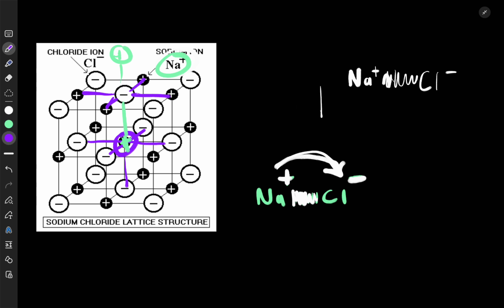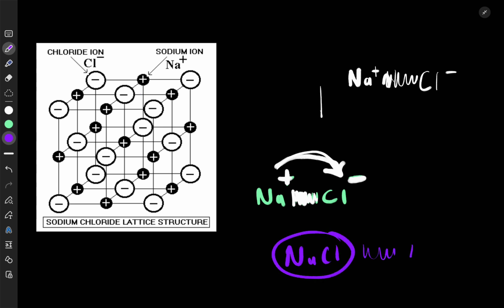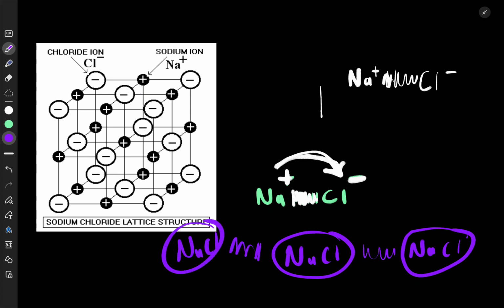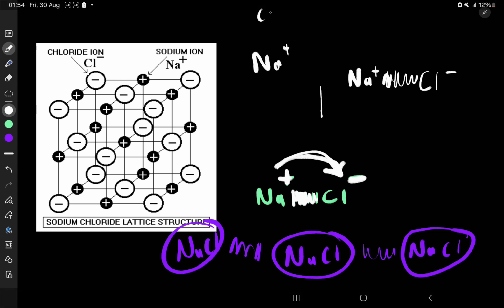So please, I know you used to think that in ionic bonding, we had an NaCl somewhere, and then it was bonded to an NaCl somewhere, then it was bonded to another NaCl. But that is wrong. That doesn't happen. In ionic bonds, when you have a metal and a non-metal, no, that won't happen. We have Na plus, and around him are going to be Cl minuses.